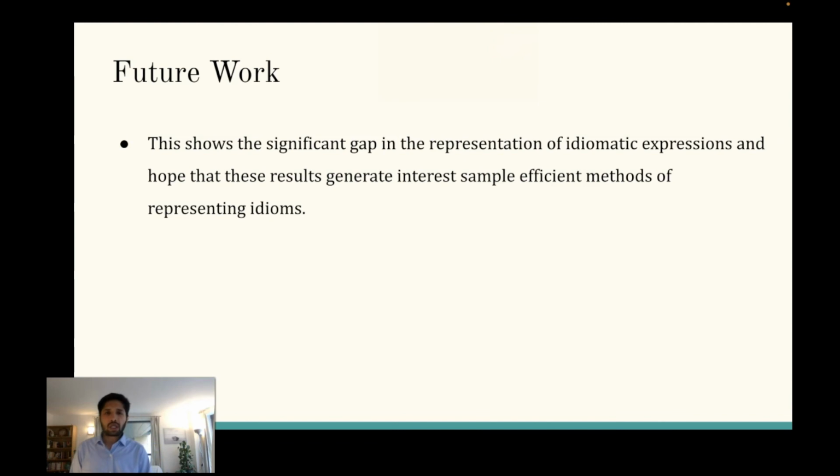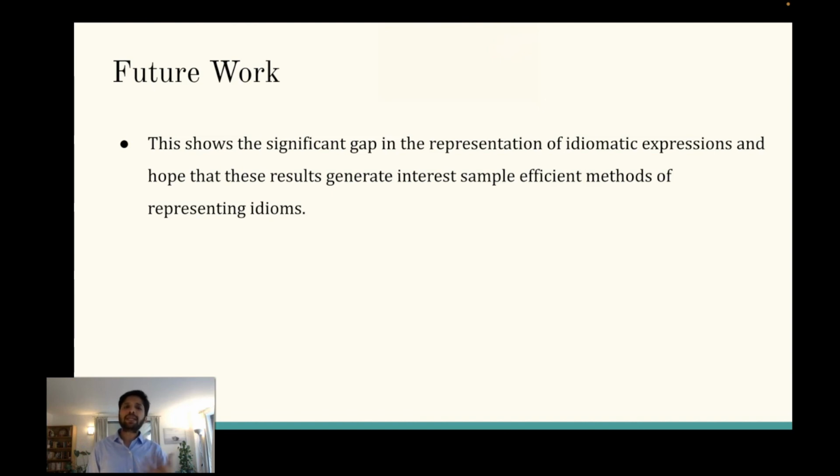In terms of future work, the trend seems to be clear. There seem to be significantly different methods required when we have seen a particular idiom before and when we haven't seen an idiom before, both in terms of identification and representation.